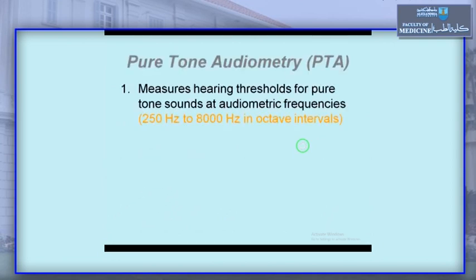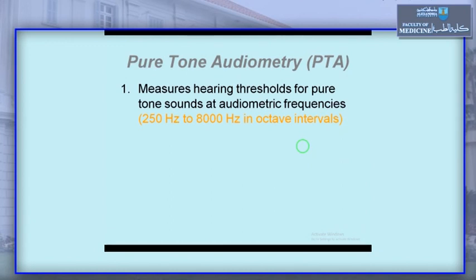Now we measure hearing threshold for pure tone sounds at audiometric frequencies. Those audiometric frequencies are at octave intervals, which means that each frequency is double the preceding one, from 250 to 8,000 hertz, which means that I will test for thresholds at 250 hertz, 500, 1000, 2000, 4000, and 8000. As you remember from your physiology, the human audible range of frequencies is from 20 hertz up to 20,000 hertz.